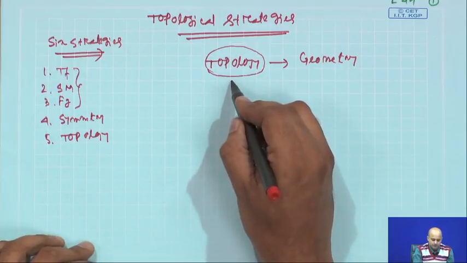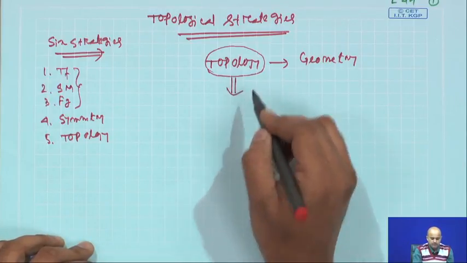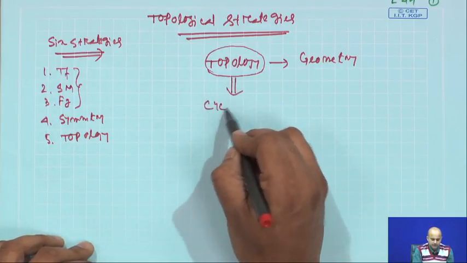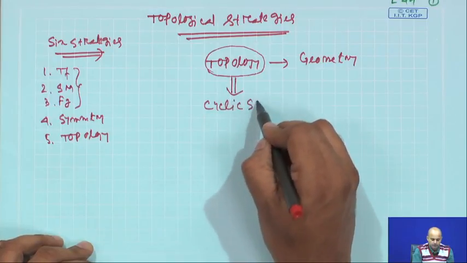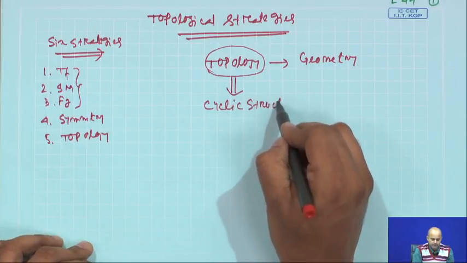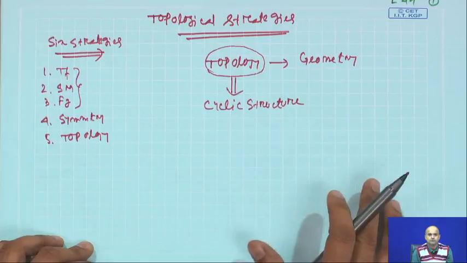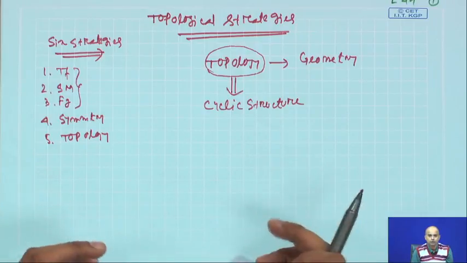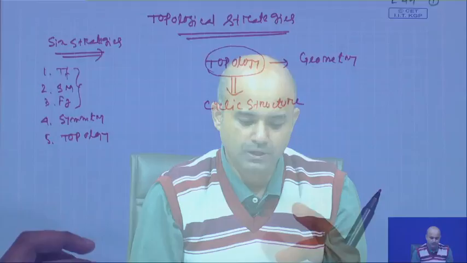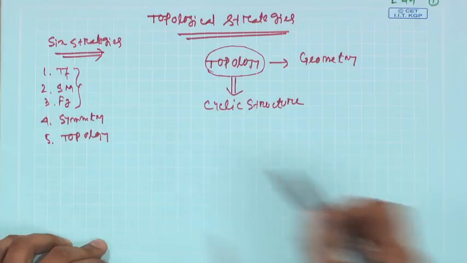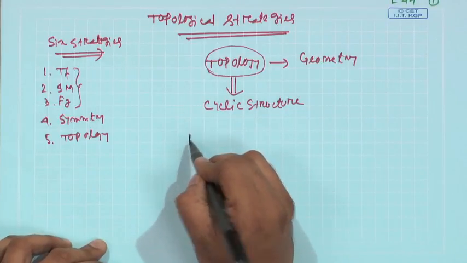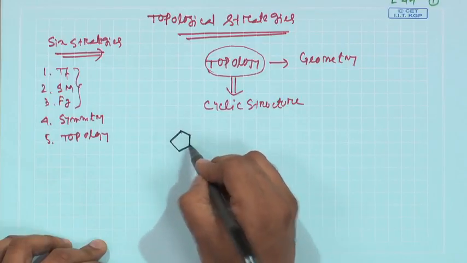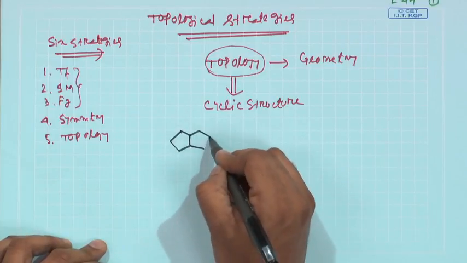Topology basically means that you have a cyclic structure in your given molecule. This cyclic structure can give you a nice topology or nice geometry in the target molecule. Let us say, for example, I will give you a few interesting cyclic structures.